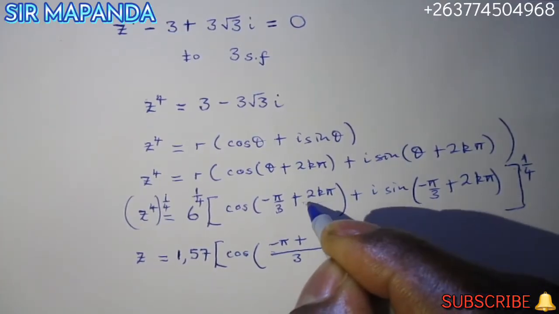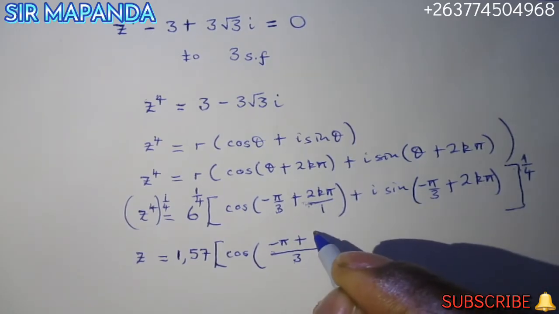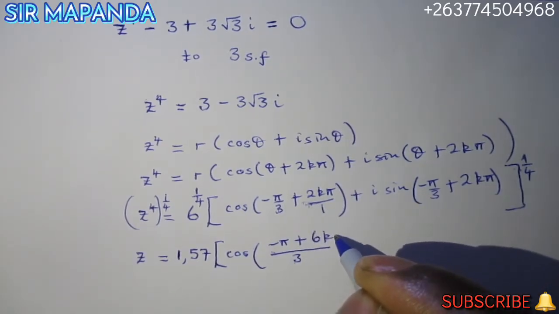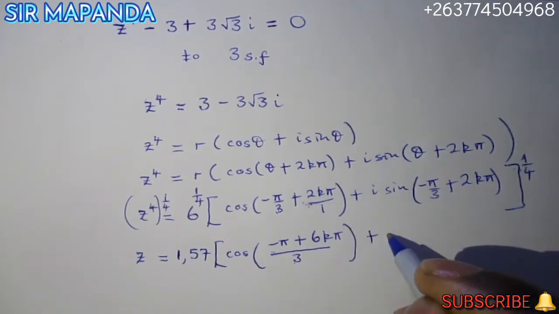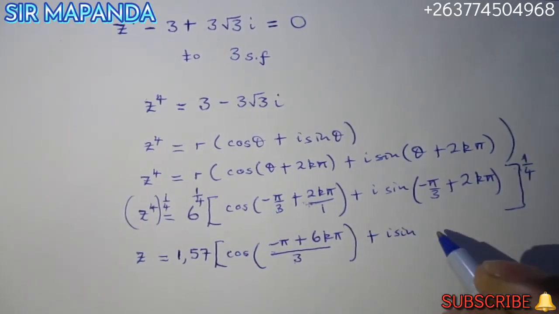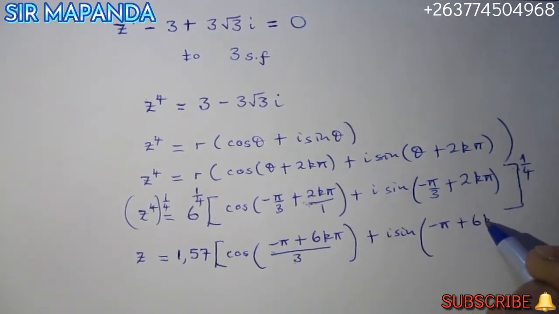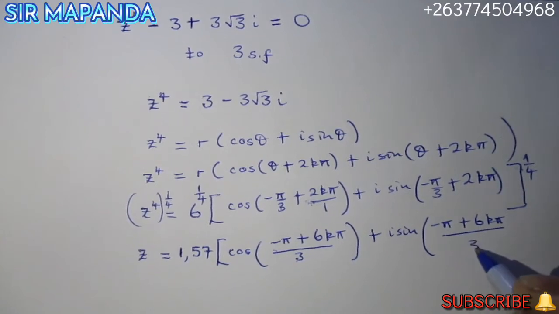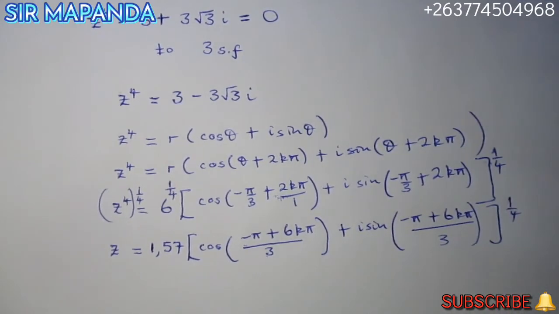Plus, this is over 1. 1 into this, you get 3 times this, you get 6k pi, something like this, plus i sine, minus pi plus 6k pi over 3, to the power of 1/4. Right, so if I multiply this bracket by 1/4, it means this 3 becomes 12.